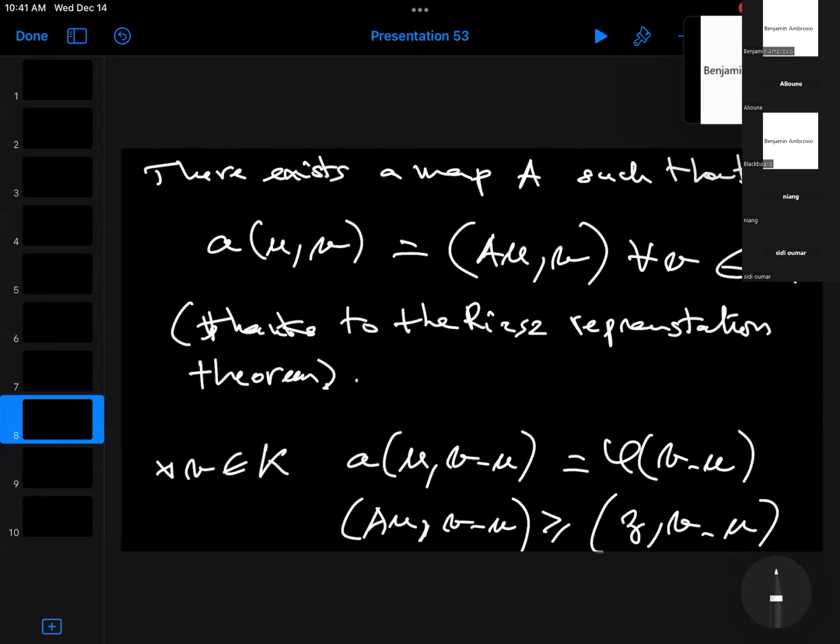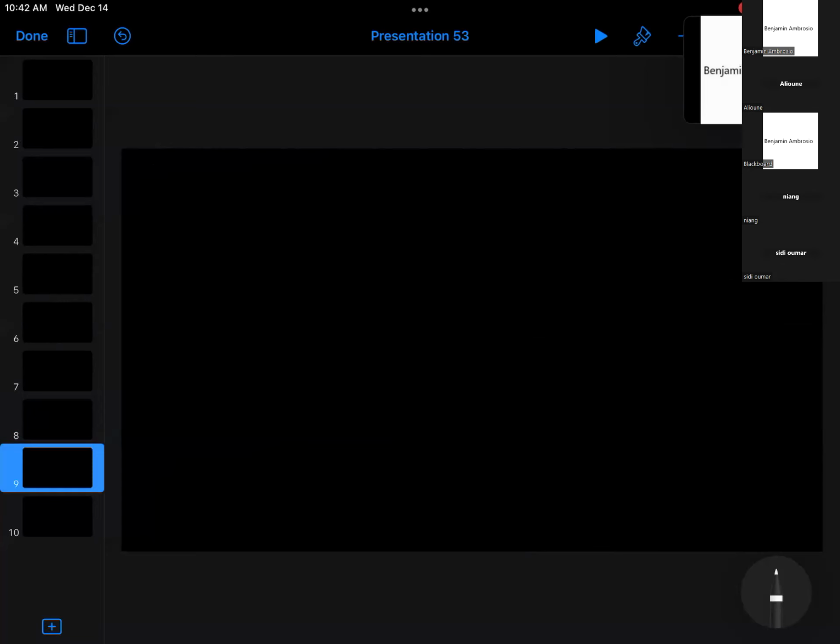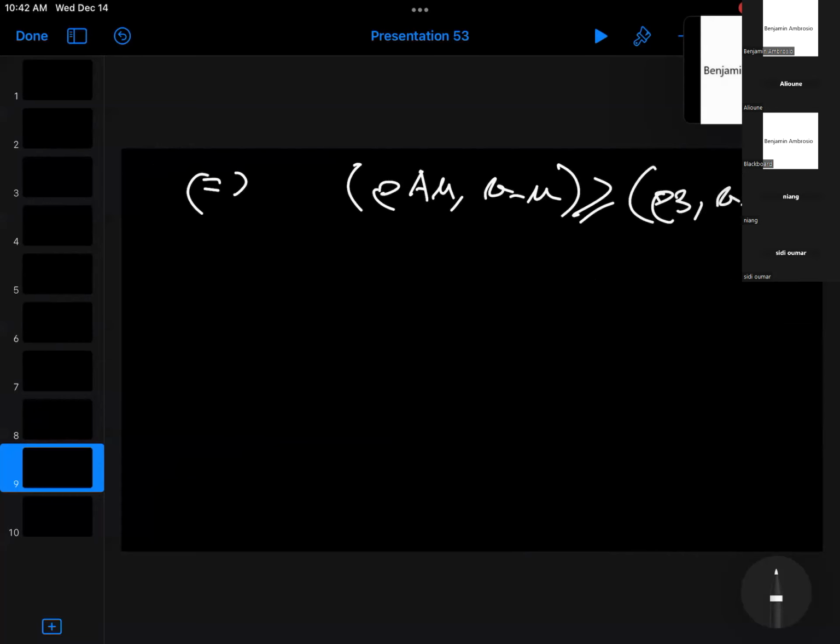So I can also multiply here by a constant, and we will see after why. So this is also equivalent to, I just multiply here, right?